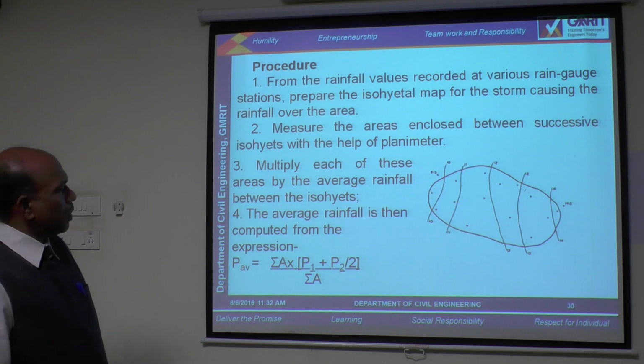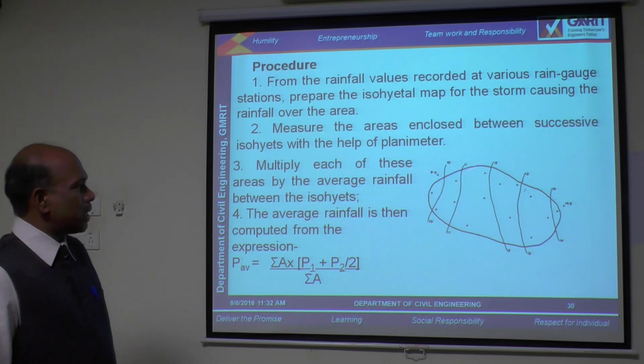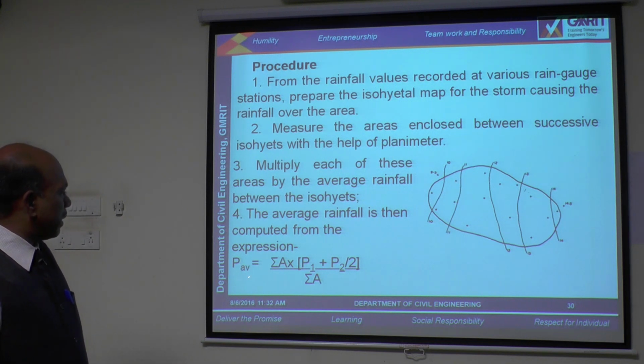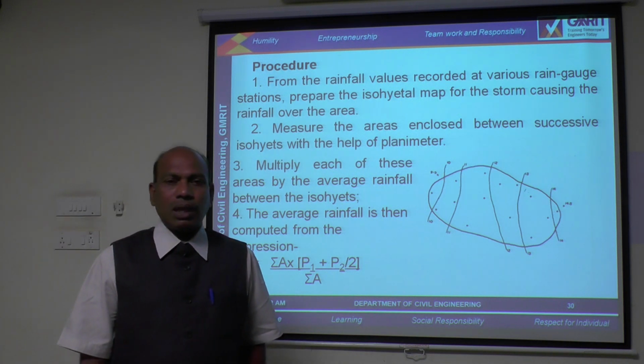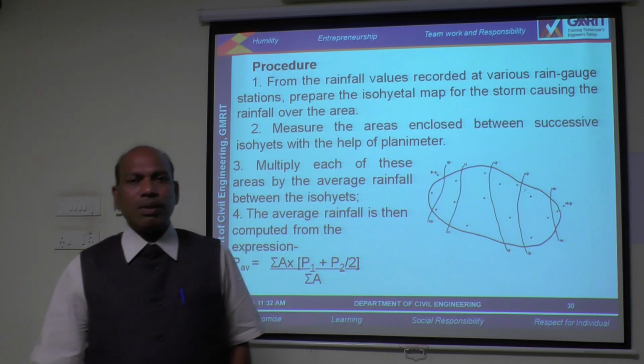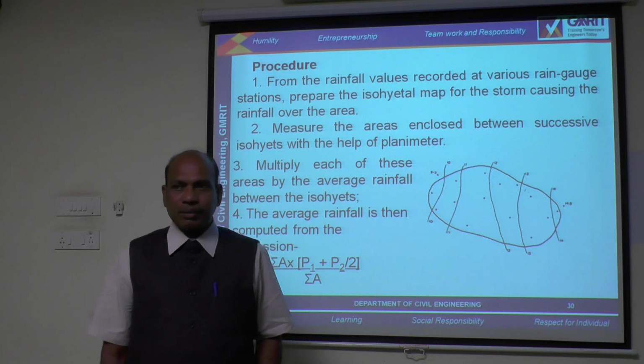Like that, you estimate the area and the precipitation. Then the average rainfall is sigma A into (P1 plus P2) by 2, divided by the total area. This is the computation and estimation of average rainfall over the catchment area.